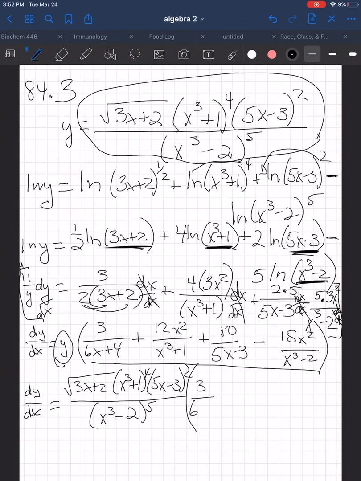So 3 over 6x plus 4 plus 12x squared over x cubed plus 1 plus 10 over 5x minus 3 minus 15x squared over x cubed minus 2. There we go.